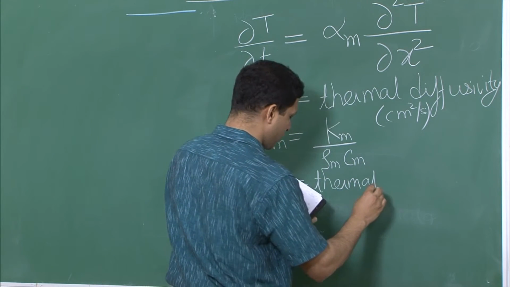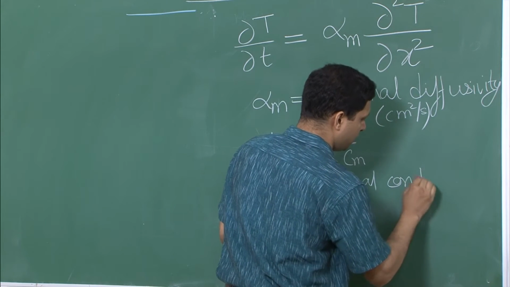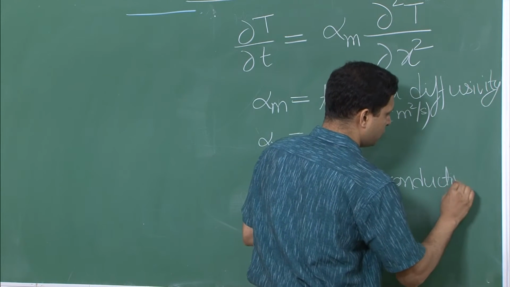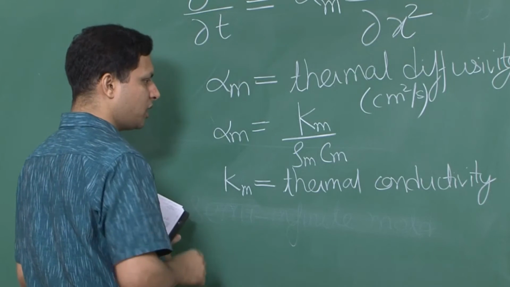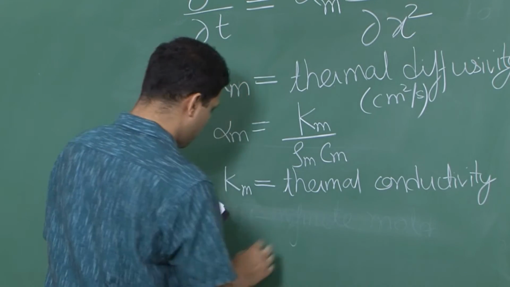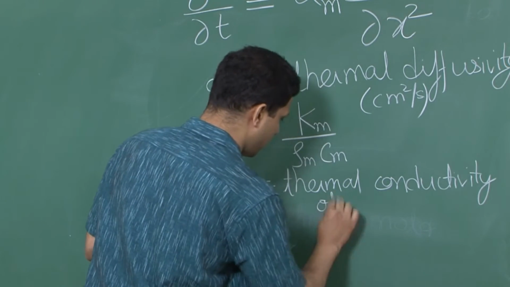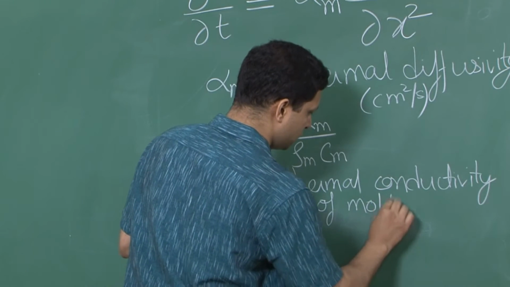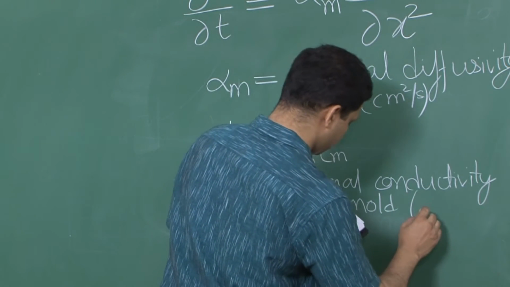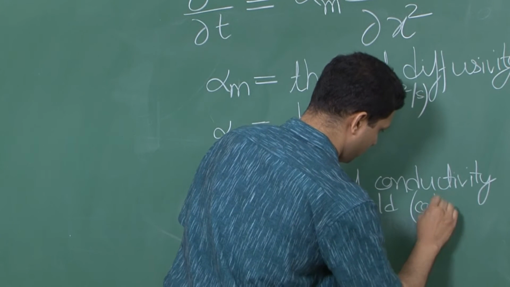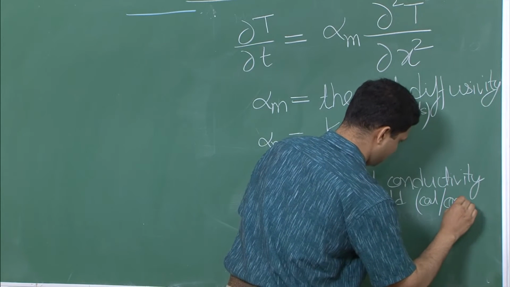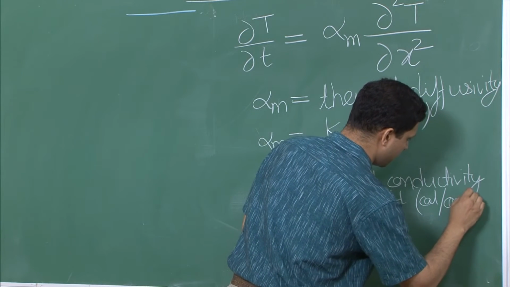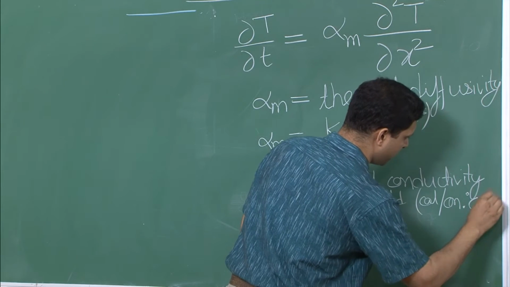For the sake of completeness, I will mention all the parameters that I am talking about here: thermal conductivity of mold along with the unit, so it is calorie per centimeter per degree C per second.